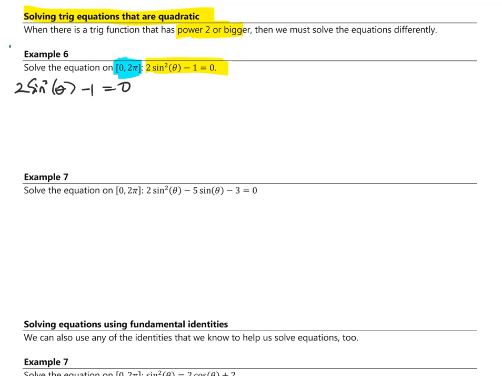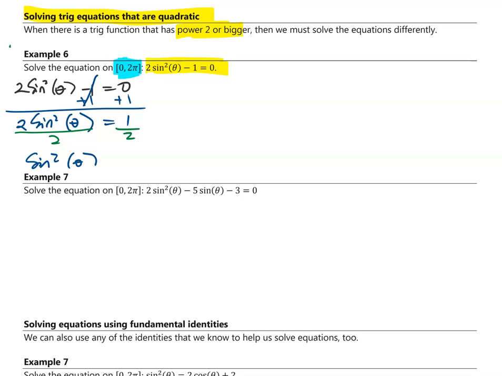Isolate the trig function, the sine theta. So first we add 1. So 2 sine squared theta is equal to 1. Then divide by 2. So we have sine squared theta is equal to 1/2.